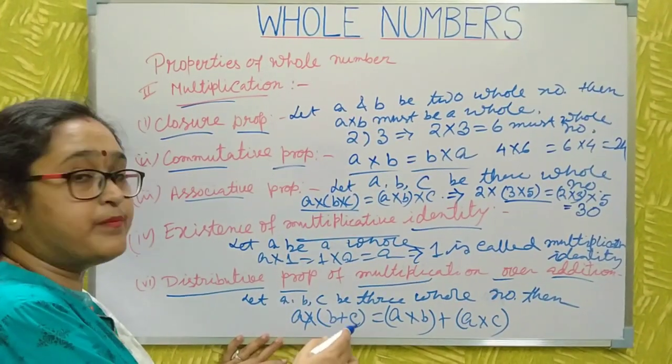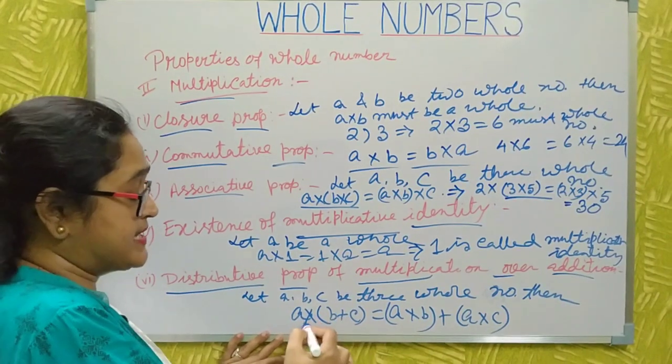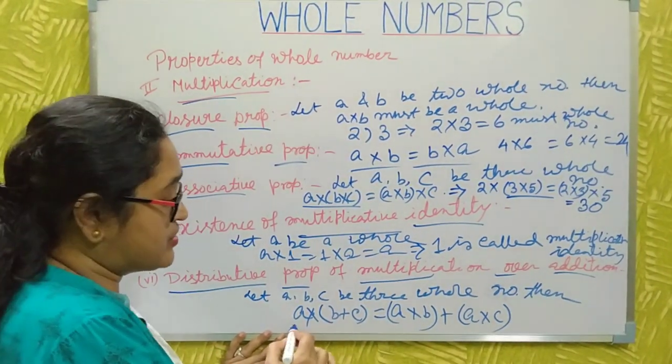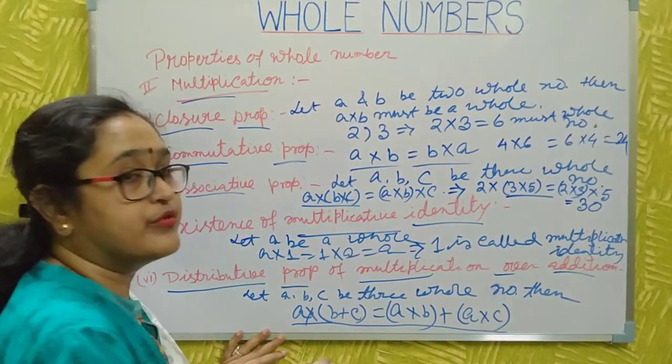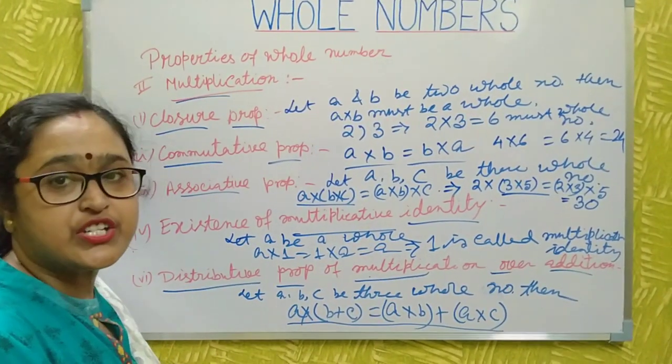A into B plus C means A into B plus, in the middle, A into C. This is called the distributive property of multiplication over addition.